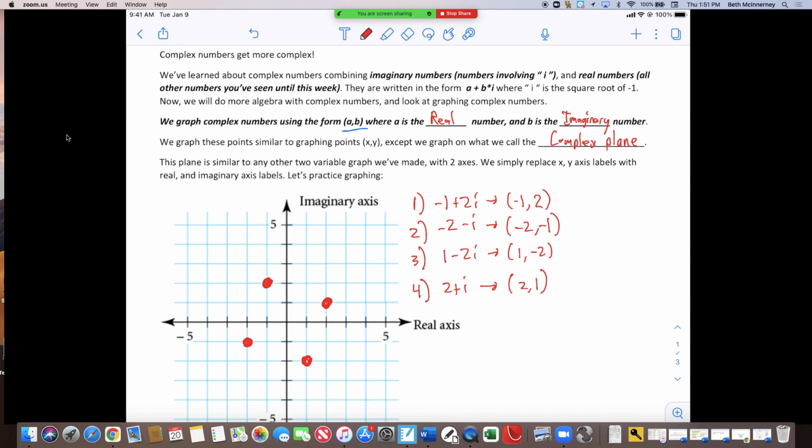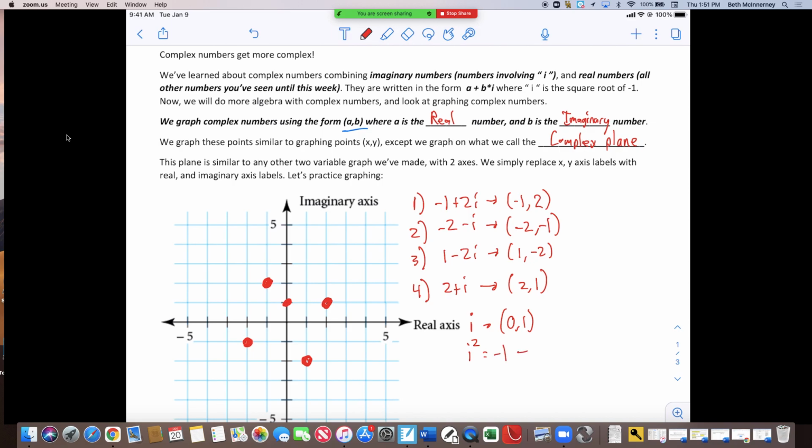Okay, so if we were to graph just the letter i, where would it be? It would be right here on our imaginary axis, right? Because there's no real part, it's just the imaginary number. So this would translate to 0 comma 1. Now if we had i squared, what's i squared equal to?